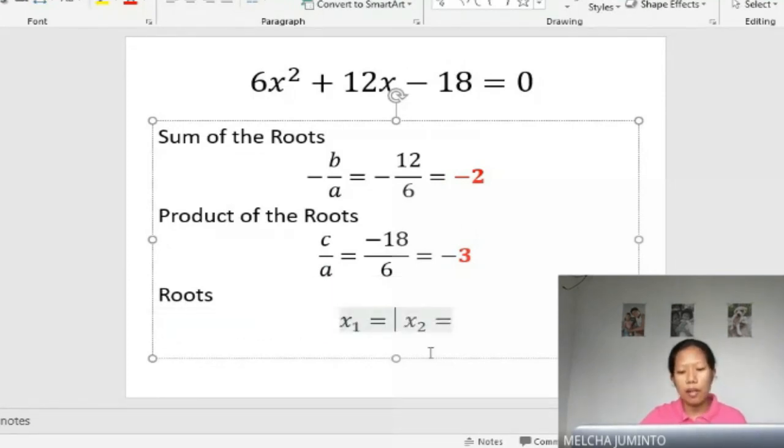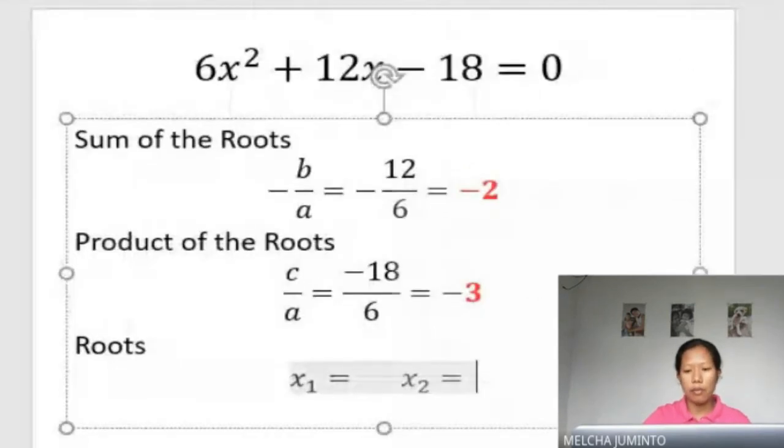So still we are looking for two numbers, two values of x. Now, you need to think of two numbers that when you multiply give negative 3 and when you add give negative 2. Since the product is negative, please take note of this: obviously there should be one negative and one positive.